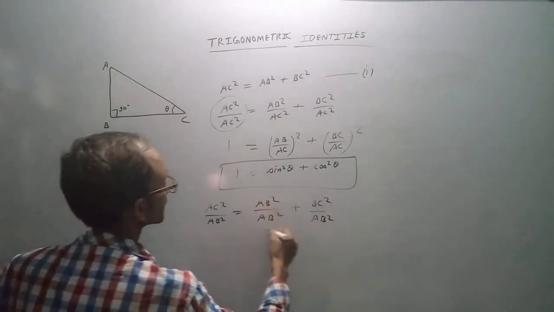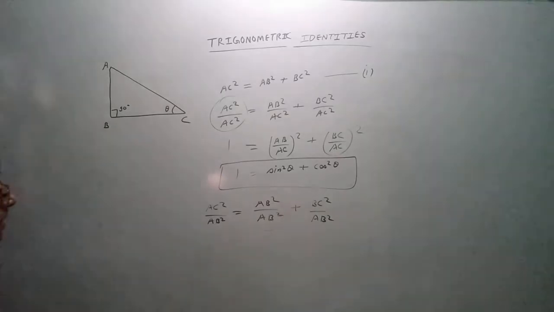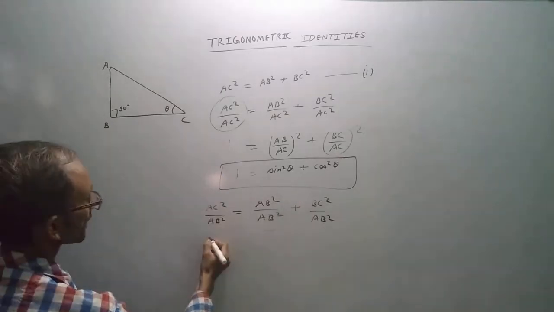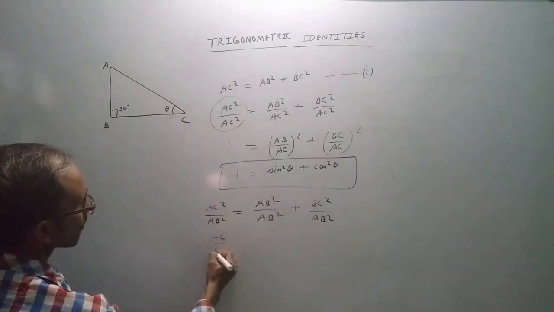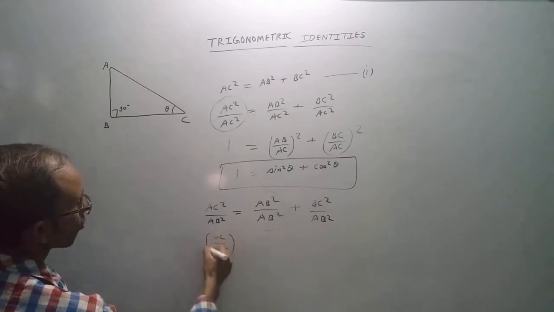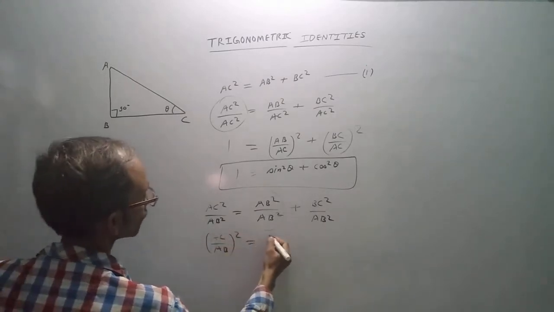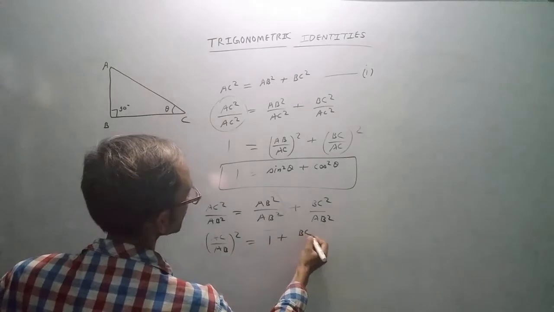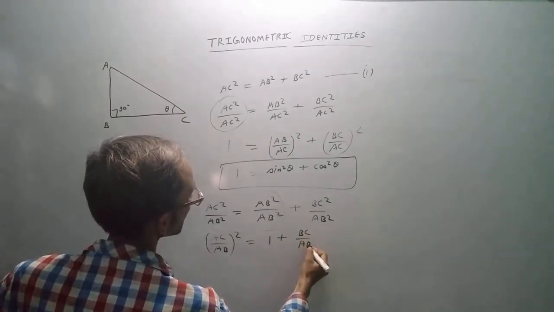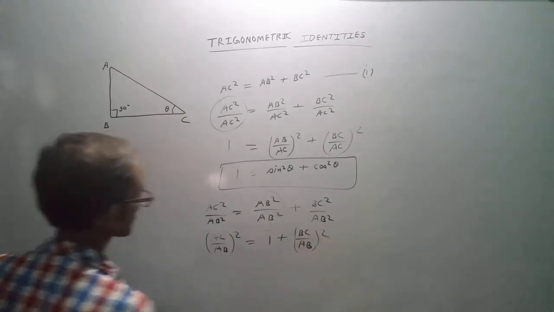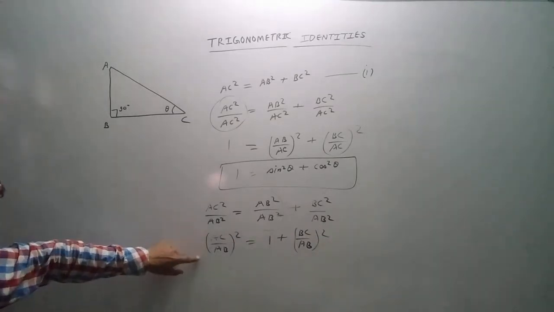This is nothing but 1. And now we can write it as AC upon AB whole square is equal to 1 plus BC upon AB whole square.